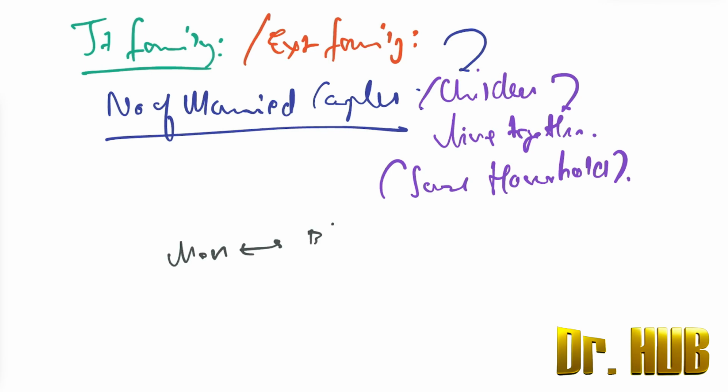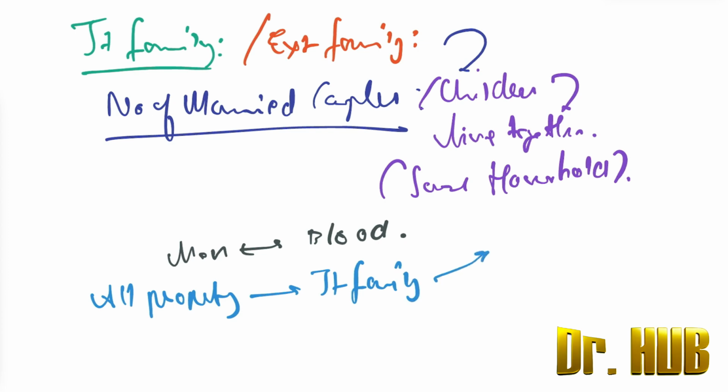All property of the joint family is held in common, with the family income going into a common pocket.